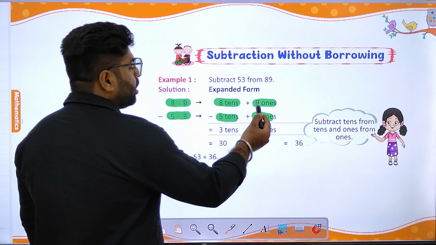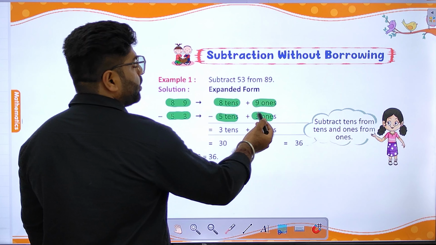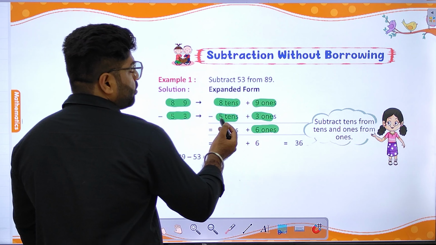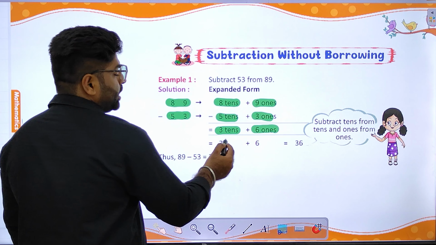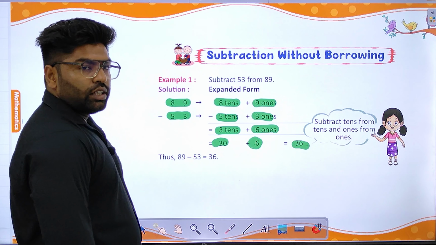Here we are having 9 ones and 3 ones. 3 ones subtracted from 9, then we have 6 ones. And here we have to subtract 5 tens from 8 tens, then we have 3 tens. 3 tens means 30 and 6 ones is 6, that means 36. Clear?